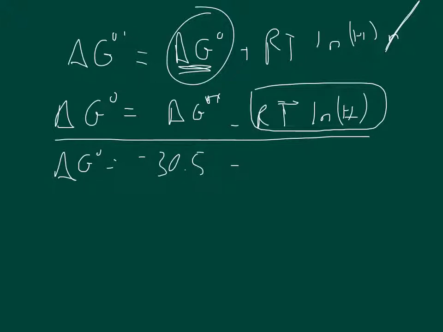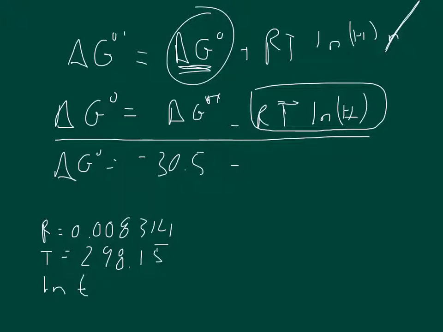RT is, so R is going to be equal to 0.008314, and T for biochemical standard state is always equal to 298.15, so this is in Kelvin, so that's 25 degrees Celsius.